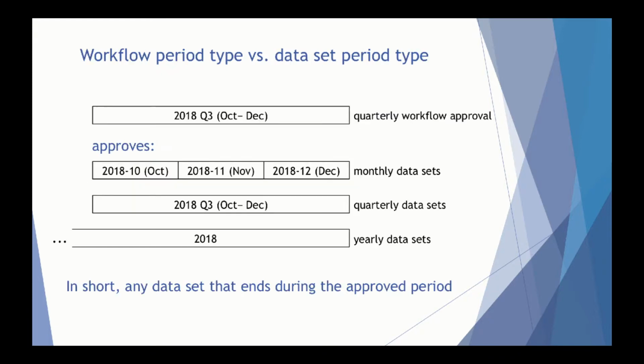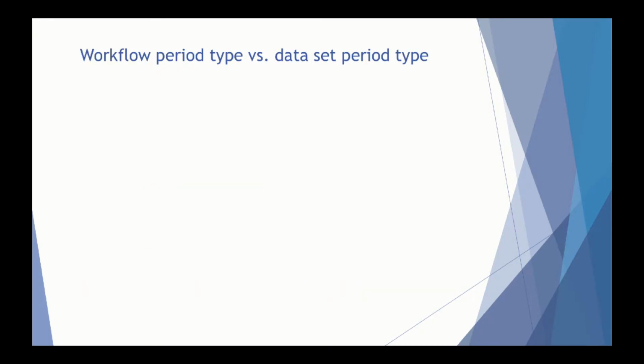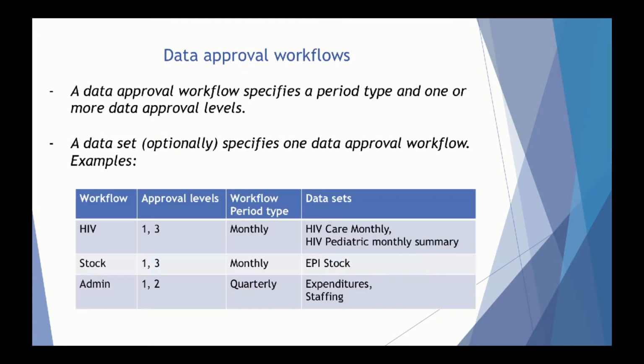You can think of a workflow as serving the function of a data set group. We thought at one point, do we make a thing called data set group, a data set group set, the way we have for other kinds of objects in DHIS2? But we eventually decided on workflow because it not only groups data sets, but it says which approval levels and which workflow period types there are.